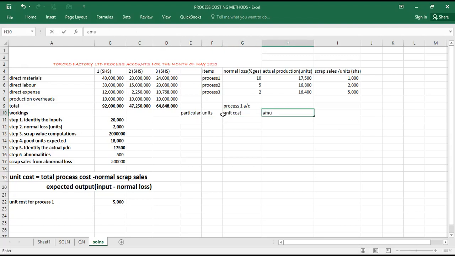It is a T account. Then we have particulars again, the units, the unit cost, and the amount.